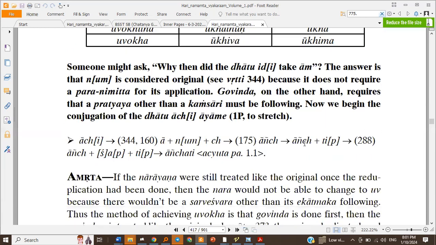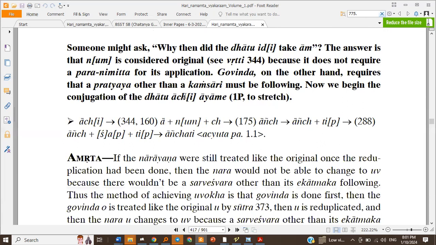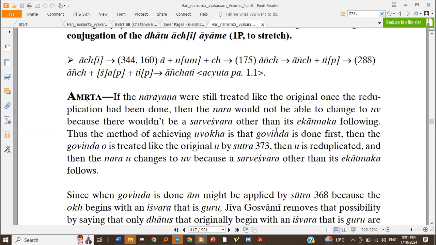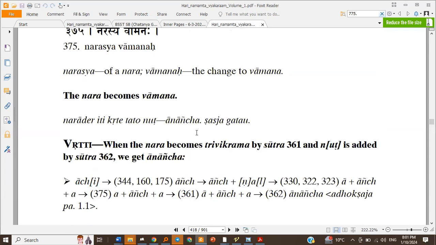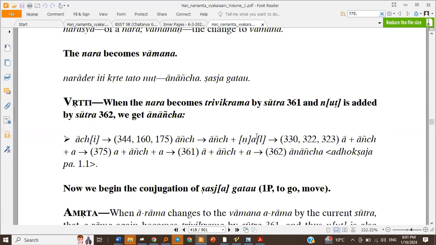Then achi dhatu, achi ayame, to stretch. So num is inserted irame dhatu num. So we get anshati and so on. Narasya vamana, the nara becomes vamana. So achi, null, we do reduplication. A, so narasya vamana, it becomes vamana.